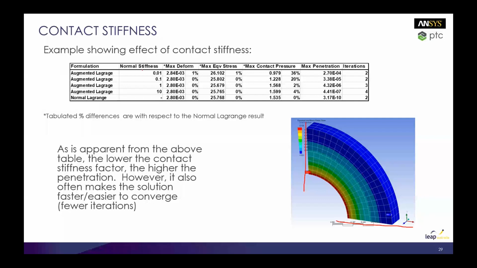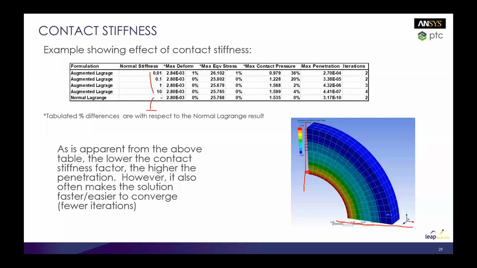If we look at increasing the normal stiffness, augmented Lagrange is the baseline case because that has no penetration. If we look at the maximum deformation, that doesn't change very much. If you look at the equivalent stress, it also doesn't change very much.